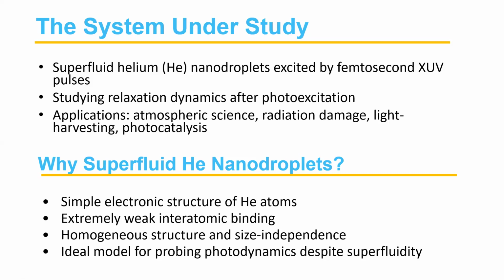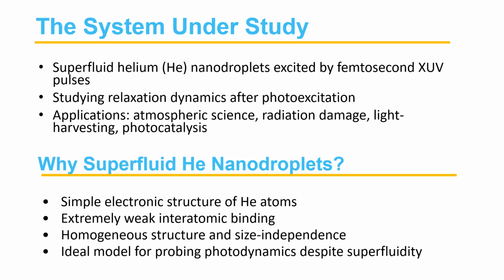Now, why helium nanodroplets? What I understood is that helium nanodroplets are one of the common things used for experimental work, because they are one of the most interesting experimental matrices and an inert gas. The helium atoms have a very simple electronic structure, just two electrons, and very weak interatomic binding.